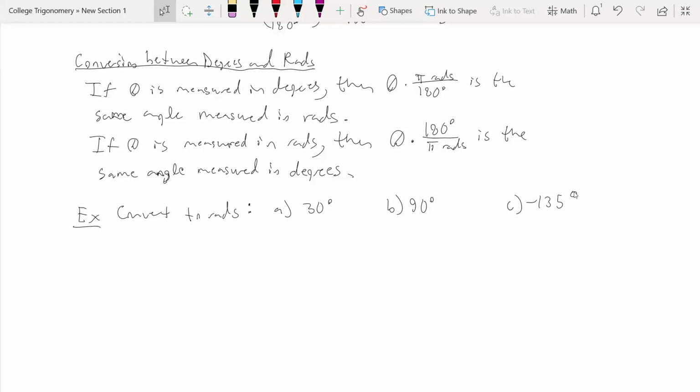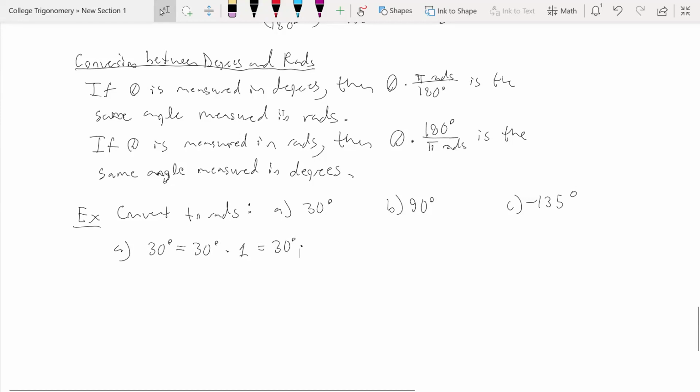So let's do it. We're going to use our formula. For part A, we have 30 degrees, which is equal to 30 degrees times 1, because all I'm doing is multiplying by 1 in a funny way.